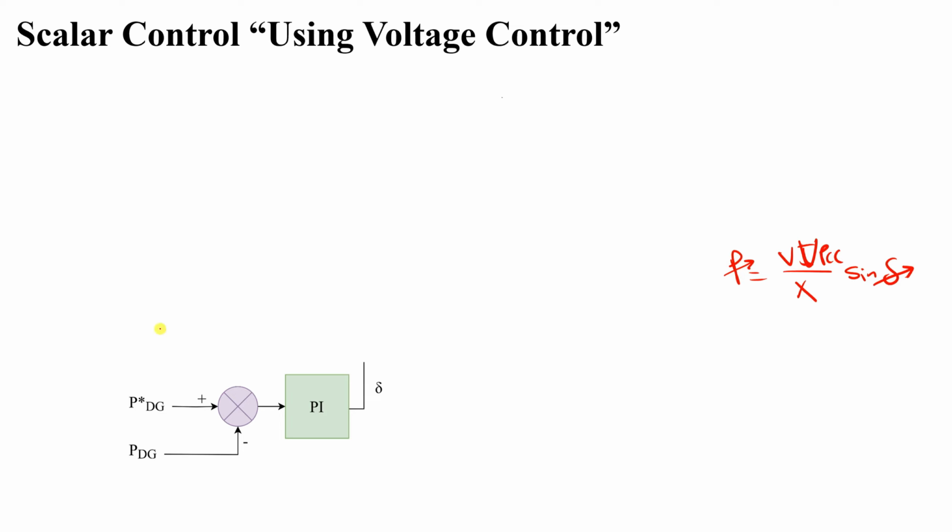So what we do exactly is that we would like a certain power from our DG. Let's say for example 1 per unit, and our DG is currently giving us 0.5 per unit. The error between these two is given to a proportional integral controller, a PI controller.